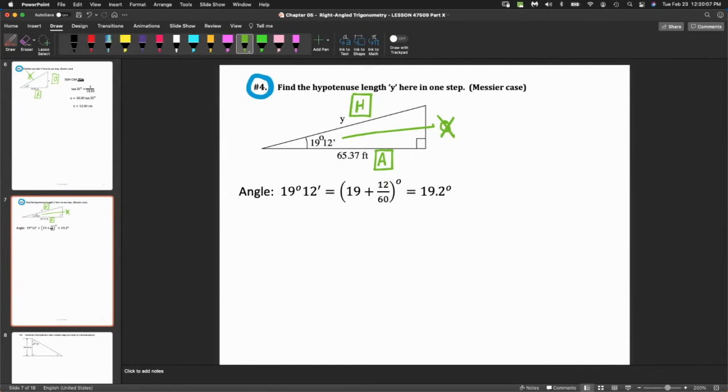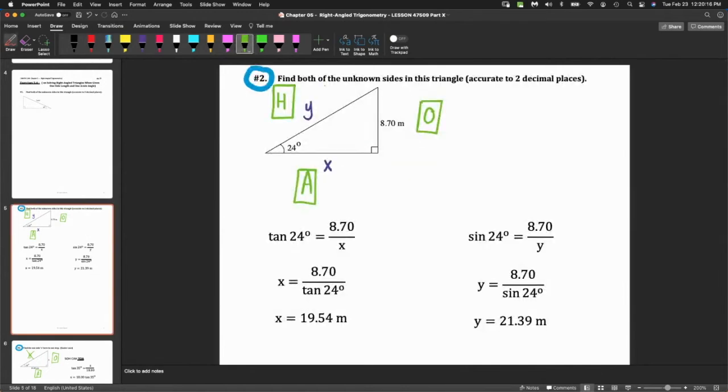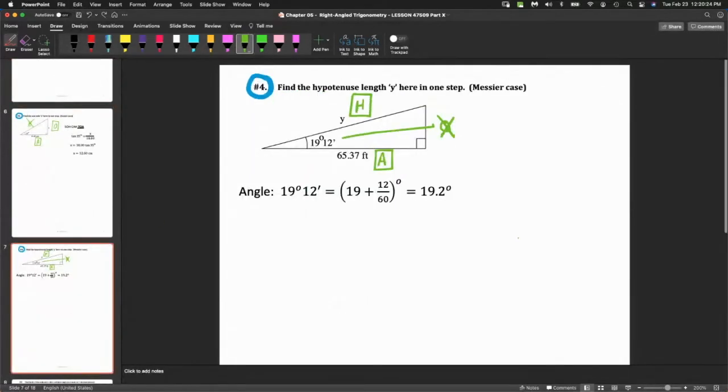And they didn't ask us to solve for it. In contrast to question 1, see, this is a good point. In this question earlier, it says find both of the unknown sides. That's different because basically they're just saying to find all the stuff. Here, they're not asking us to find all the information. They're being very targeted.